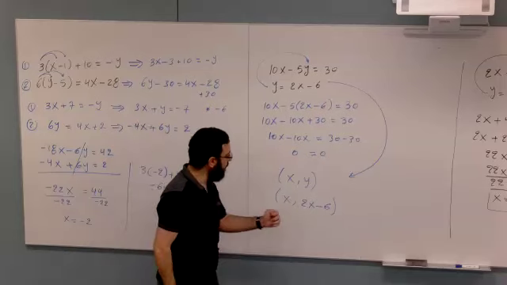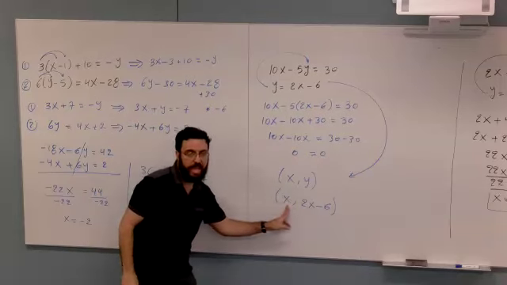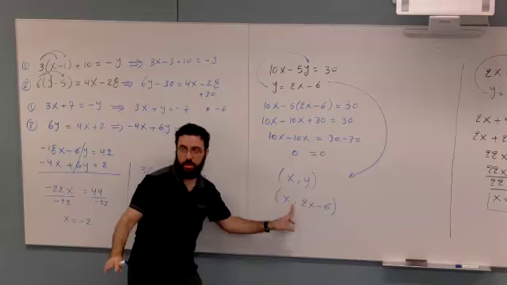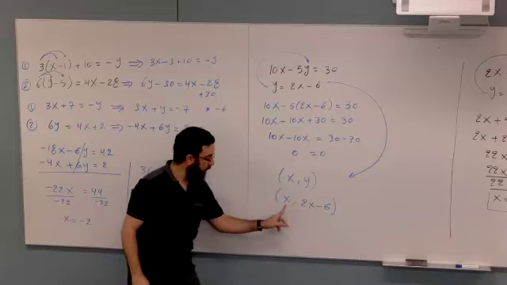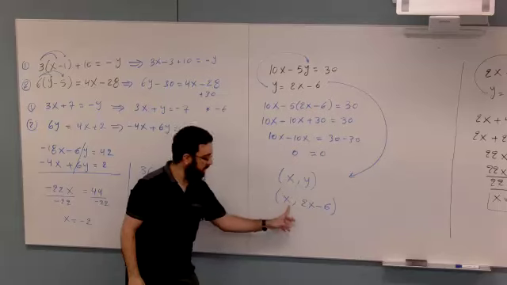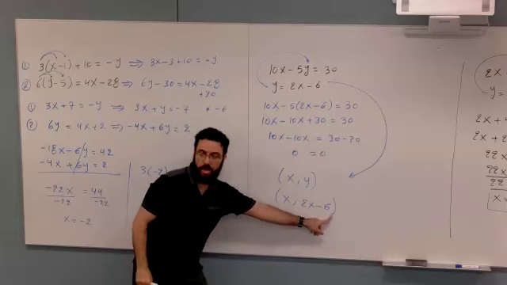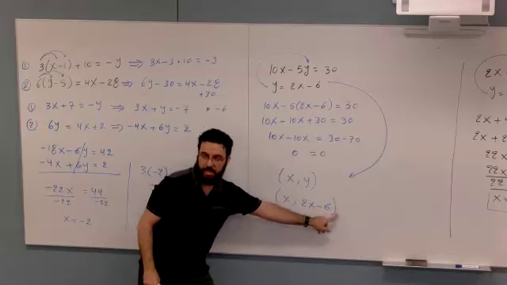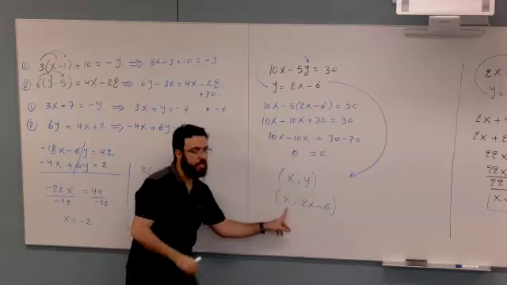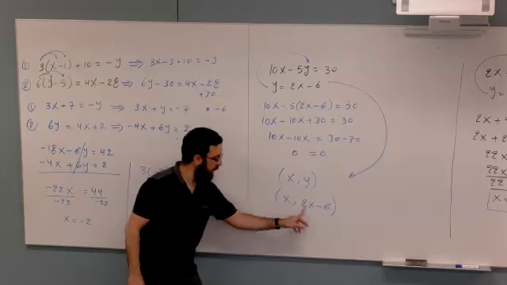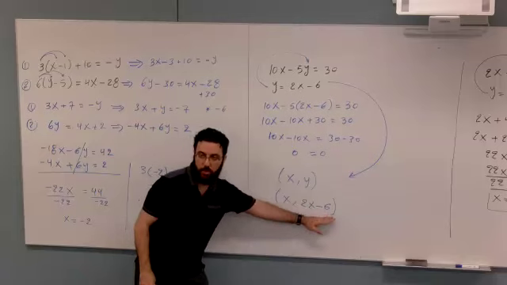That means every time you take any number for X, you're going to get the value of Y. If X equals 5, you plug in 5 here: 2 times 5 minus 6. If X is negative million, you plug in negative million here to get the value of Y.